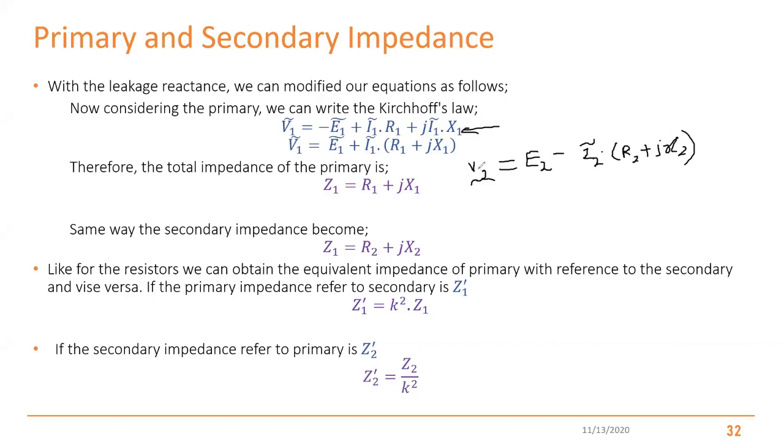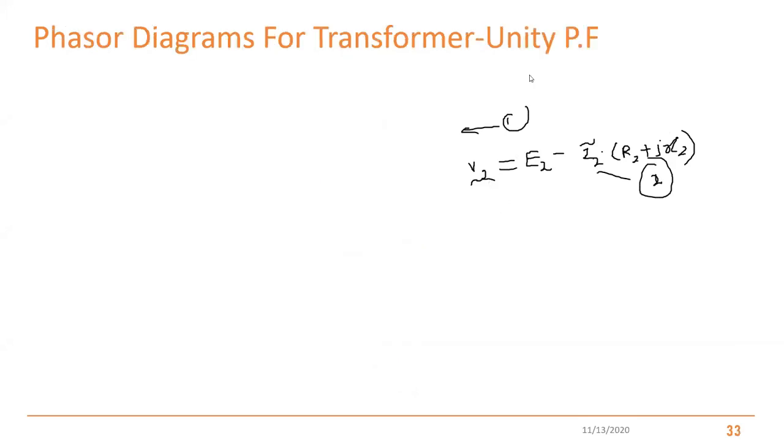V2 can be written like this using equation 1 and this one, equation 2. By looking at them and using that, you can draw the phasor diagrams.